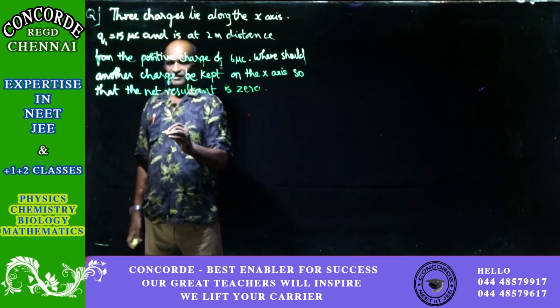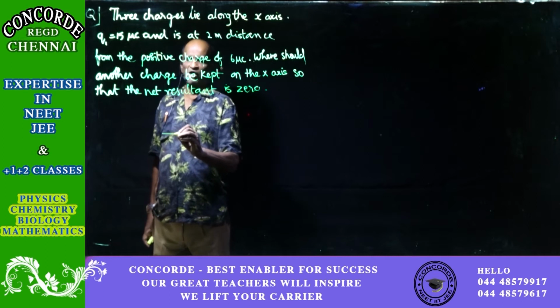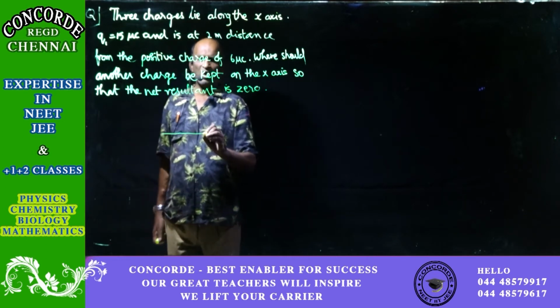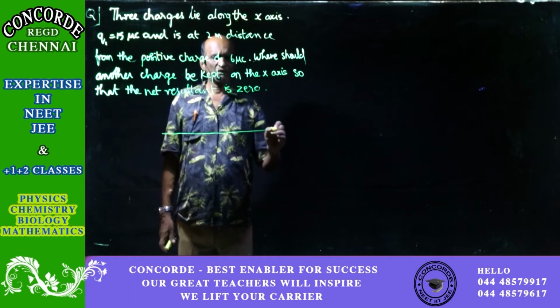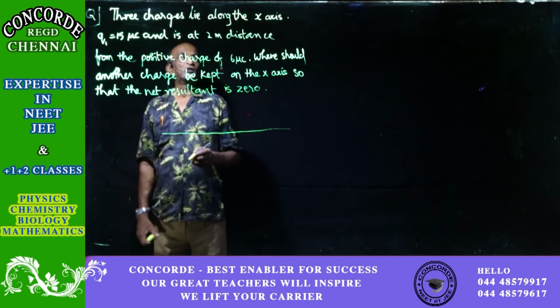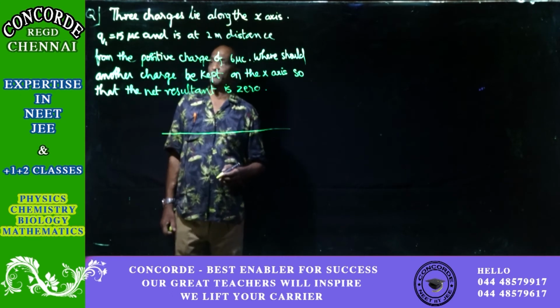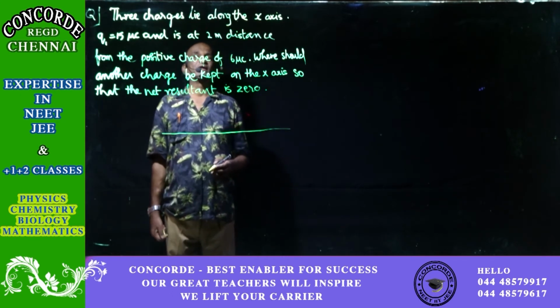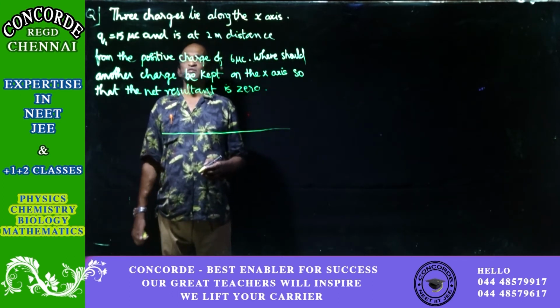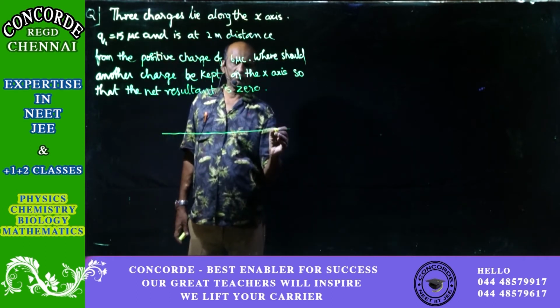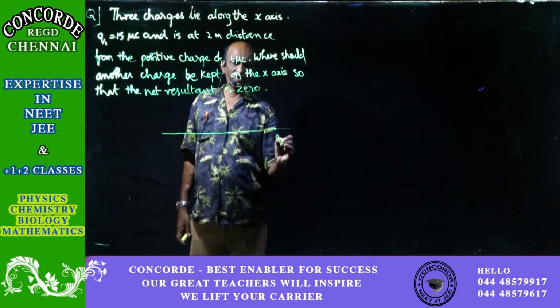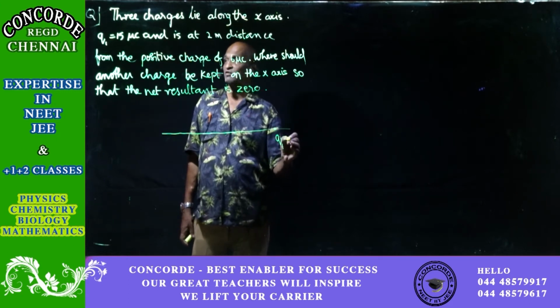Right. So we have got 3 charges, and all the 3 charges are on the x-axis. And one charge Q equal to 15 microcoulomb is at 2 meters distance. So one charge Q, I'll call it as Q1 or whatever.